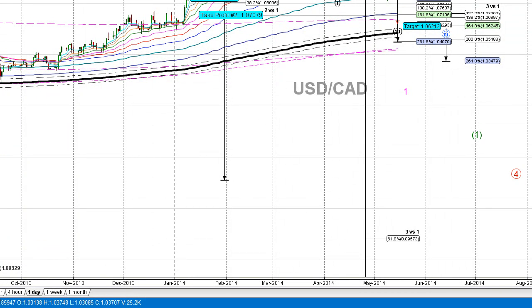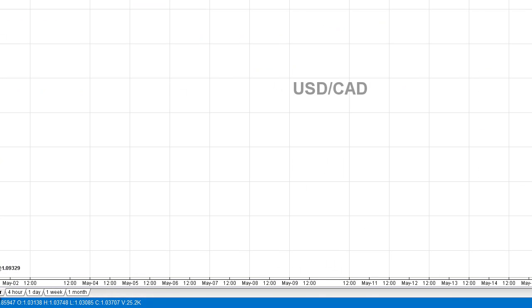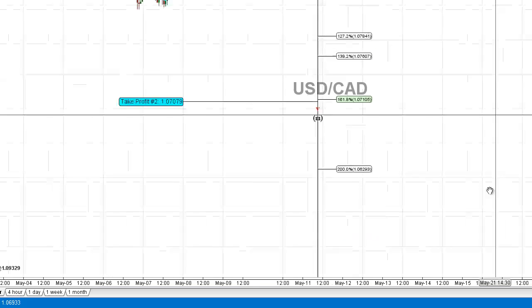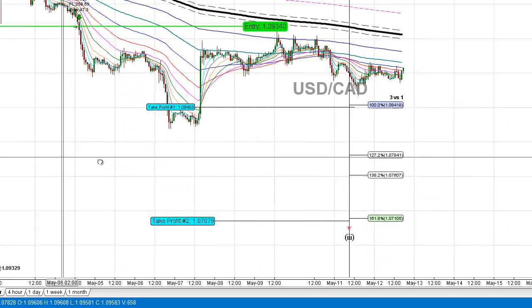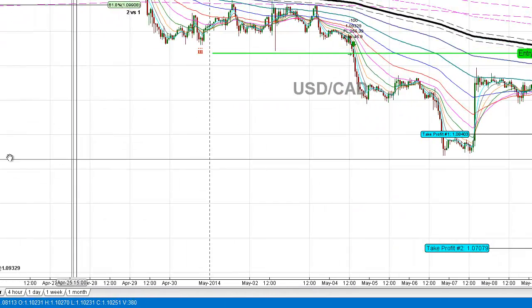So let's see if we can go down to the 1-hour chart. On the 1-hour chart, we can see things a little bit better in perspective.